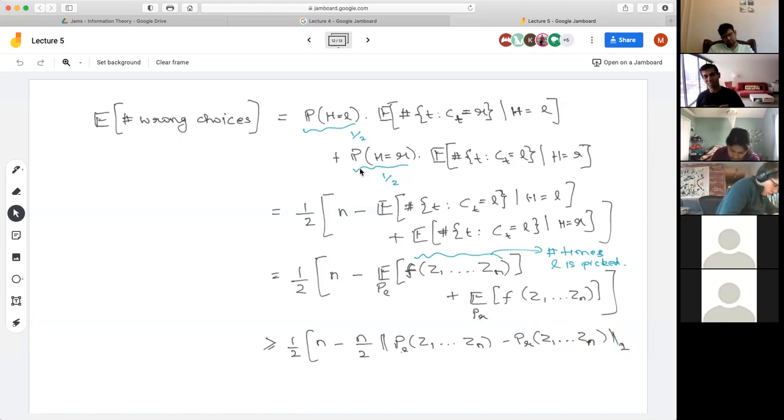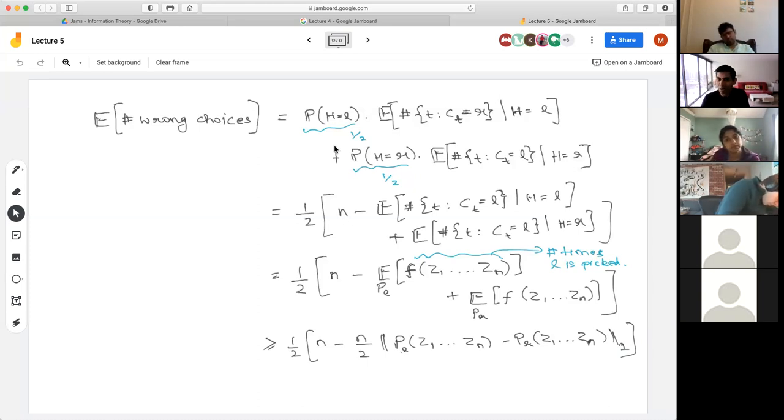This is not necessarily a product distribution. It's a slightly funky distribution because it also depends on your choices and so on. But it's still the L1 distance. Okay. And if we can show that the second term is small, then we would have shown that the number of wrong choices is about n over 2, which is what we were claiming anyway.